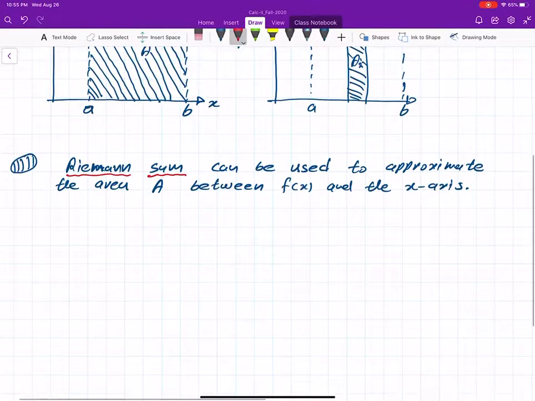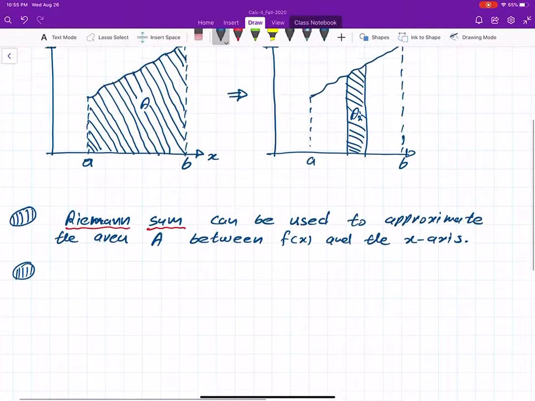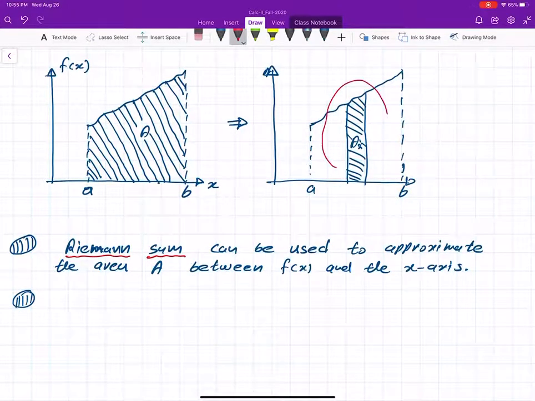Let's go deeper into this problem. The next bullet point: as I explained in the piece of paper example, you treat these as rectangles. You treat the top as flat. You don't have a problem with the other boundaries because they are already flat.